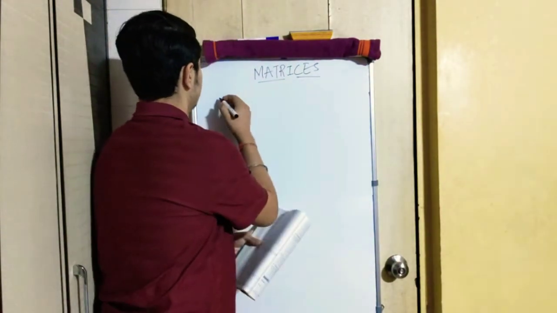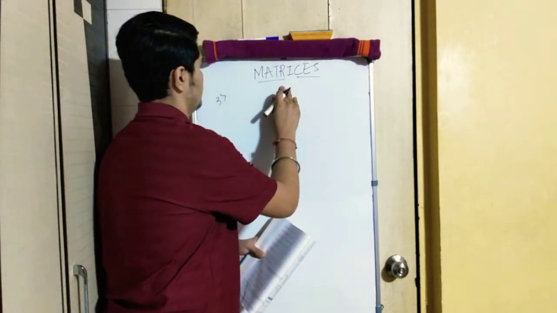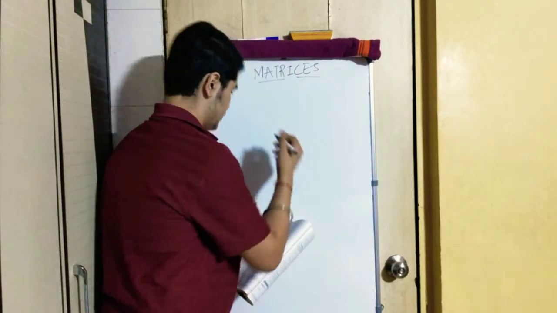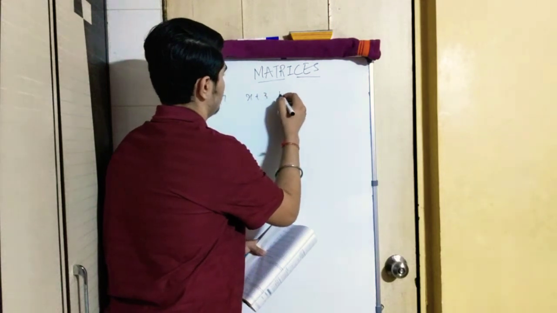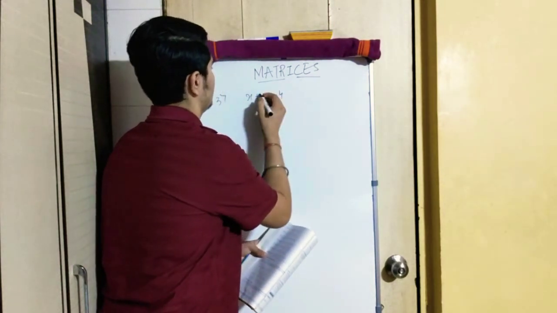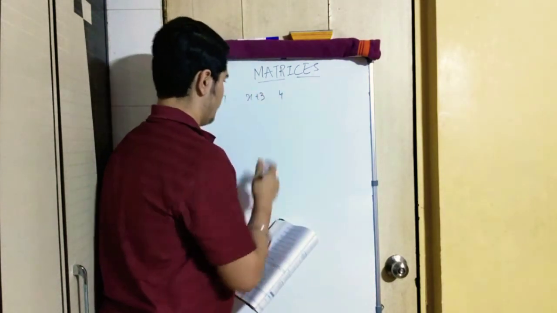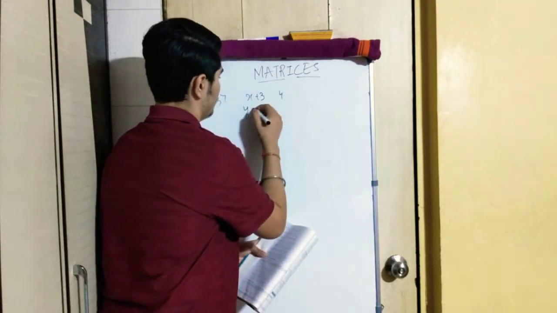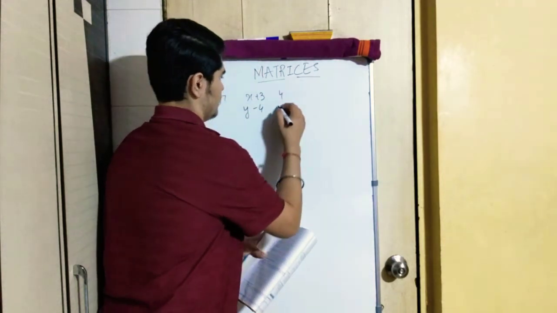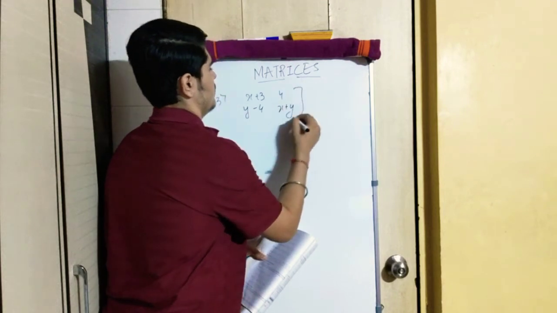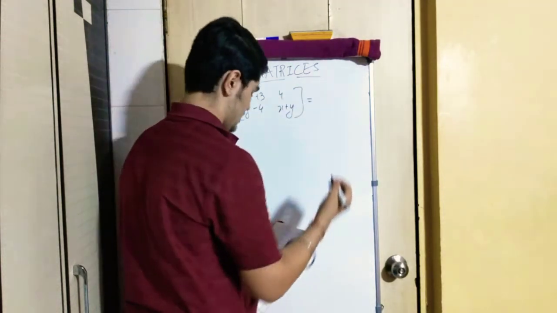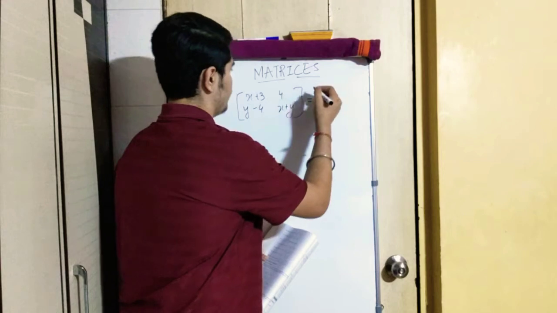Here we are given x plus 3, 4, y minus 4 and x plus y. This is again a 2 into 2 matrix, and 5, 4, 3, 9.